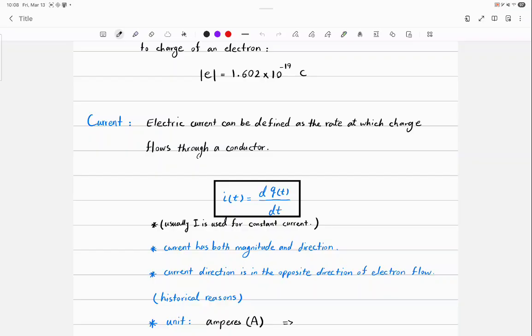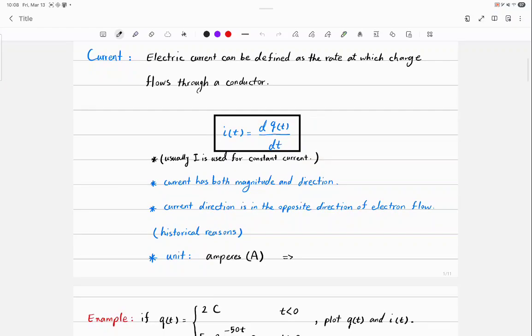Only for historical reasons. The unit of current is amps, and this is something that I want you to start making yourself comfortable with: finding the units of different quantities. For example, we know that the unit of current is amperes, or shown with the letter A, capital A. Can you give me another unit of current based on the equation given to you?